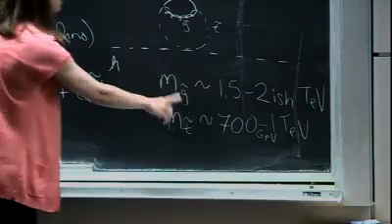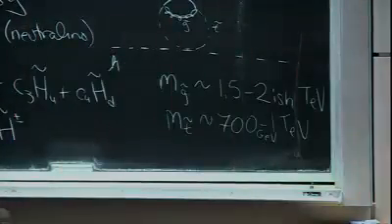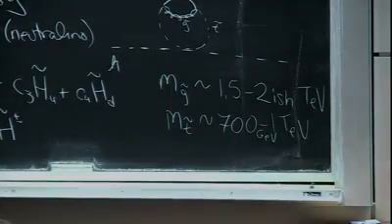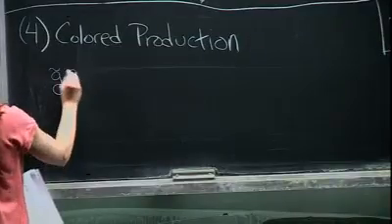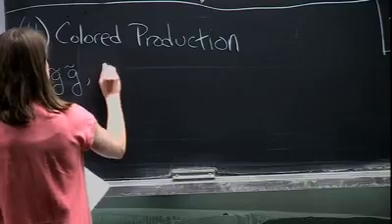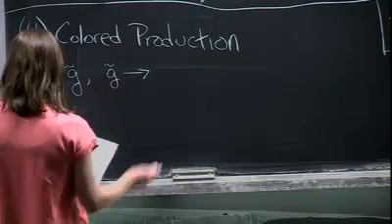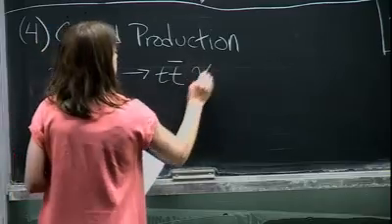So this is definitely in reach with both the current run at the LHC and the upcoming run. I think I only have a couple minutes, so I'm only going to sketch out the results from one particular scenario, which is the case where we might produce two gluinos, so pair production of gluinos, and then each gluino decays as follows.